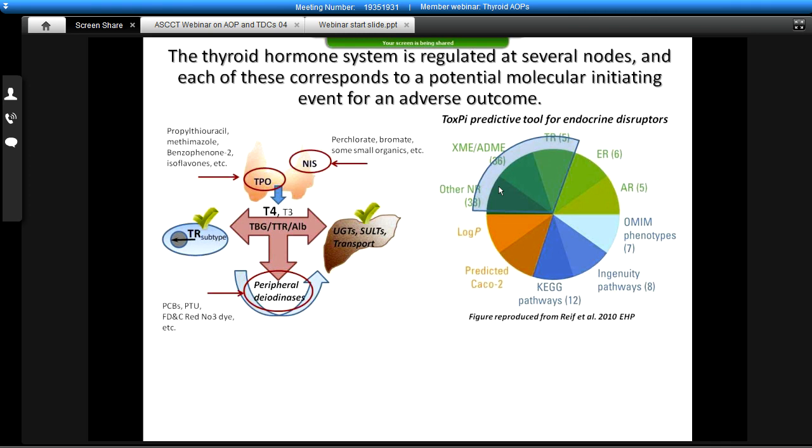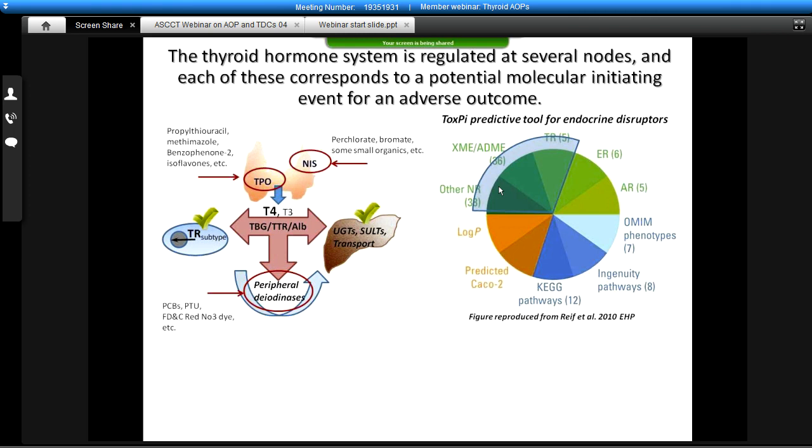When I highlight these particular assays on the thyroid network to the left, you can see that the ToxCast assay set included those related to thyroid hormone receptor activity and metabolic clearance of thyroid hormones, but that this left several nodes for which there are no associated screening assays, including enzymes in the thyroid gland to include thyroperoxidase and the sodium iodide symporter, which are responsible for thyroid hormone synthesis, as well as deiodinases that convert T4 to T3 to promote genomic thyroid hormone action.